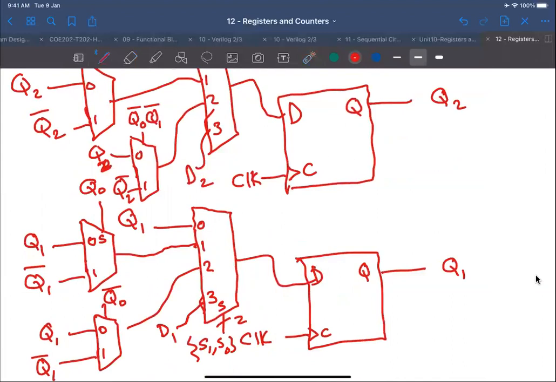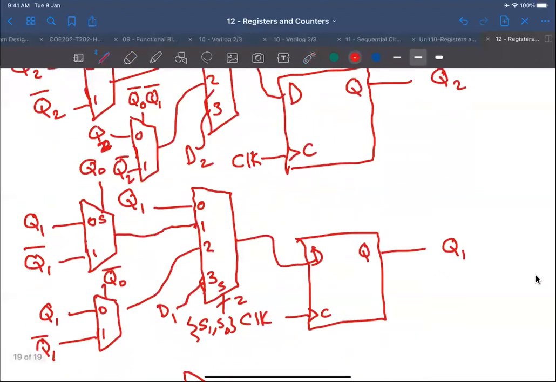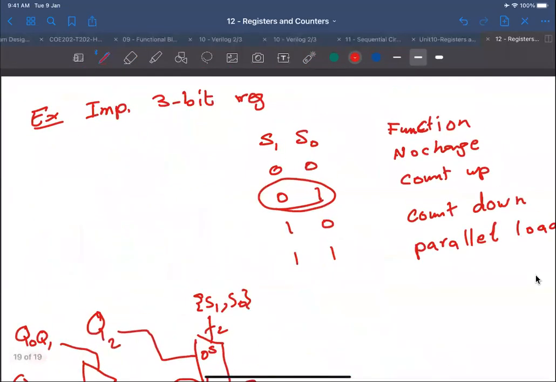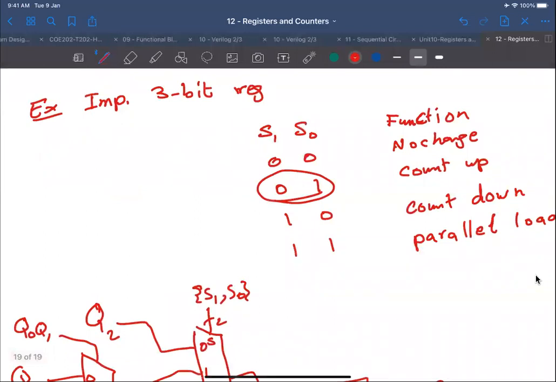But the count up and down is clear to you, right? So can we, for example, get rid of these two multiplexers and use only one multiplexer? We need to know whether we are counting up or down, and how to do that, basically by checking.